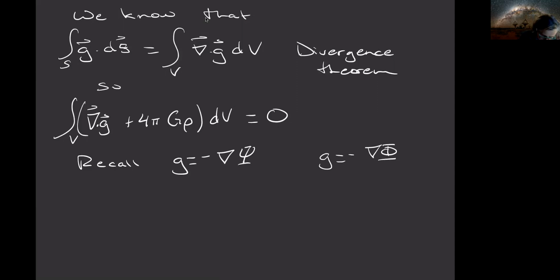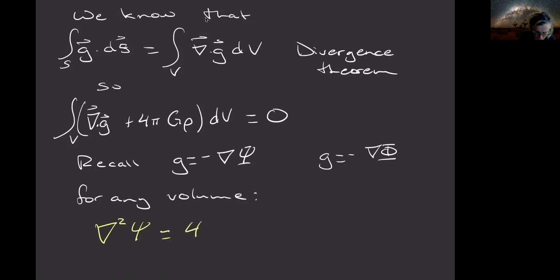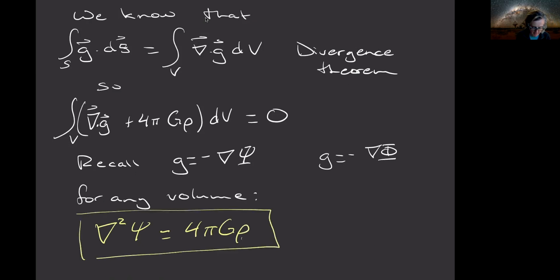And so for any volume, we have the result that gradient squared of psi is equal to 4 pi G rho. And that is Poisson's equation.